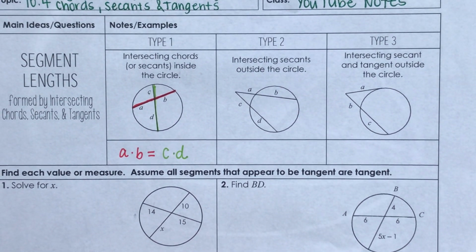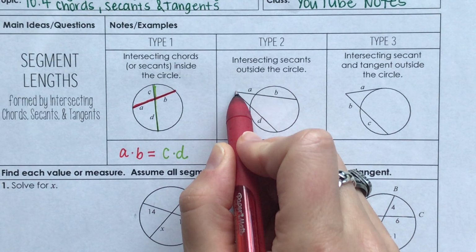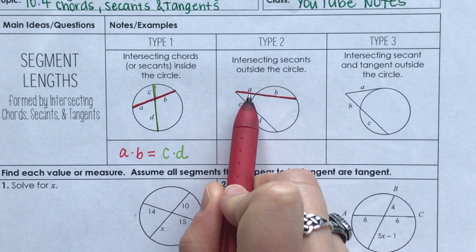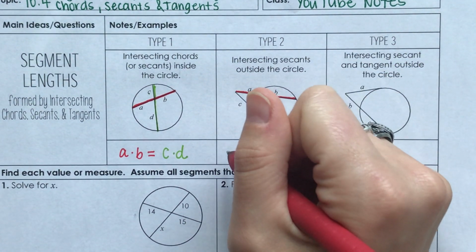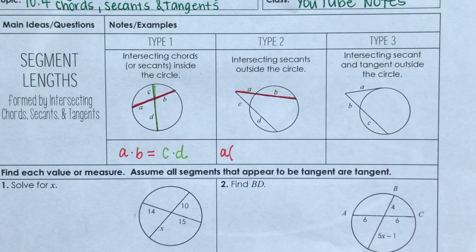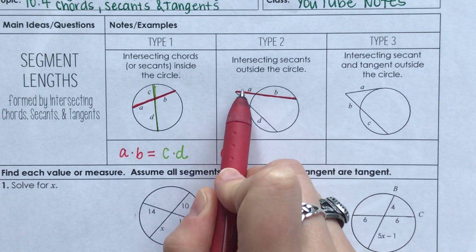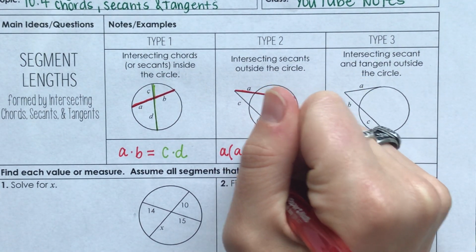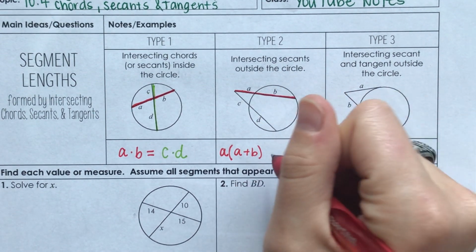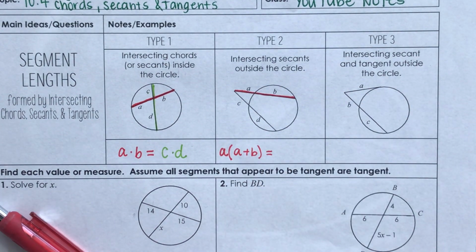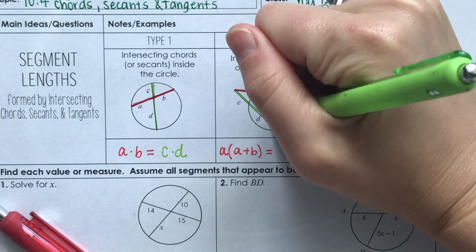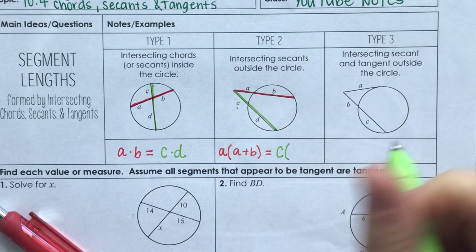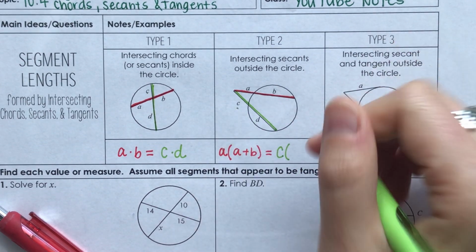I have a rule here that says if I look at this one long segment, I take the outside piece, which would be A, and multiply it times this whole segment, which would be A plus B. That is equal to the same thing for the other segment: I take the outside piece, which is C, times the whole thing, which is C plus D.